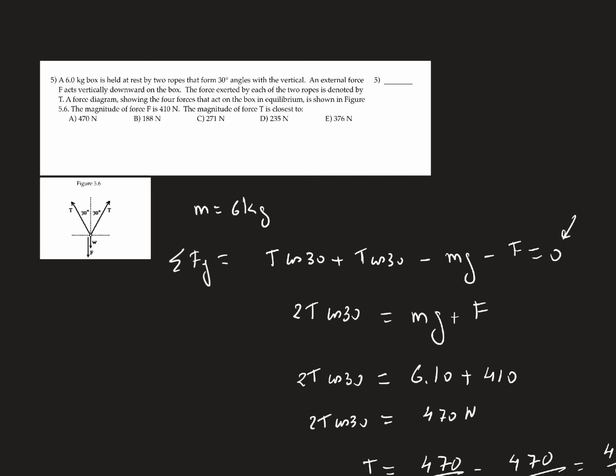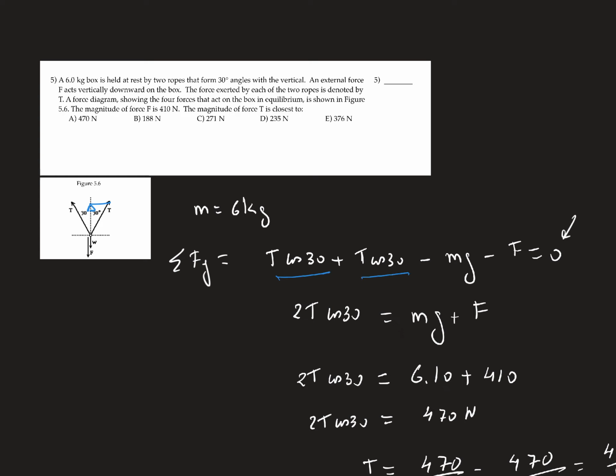And what are the forces? I see this force, the component of the tension, T cosine of 30. I see the same one, T cosine of 30, of the other force, of this one. So it's 2T cosine of 30. I see the weight going downwards, and I see the force F going downwards.